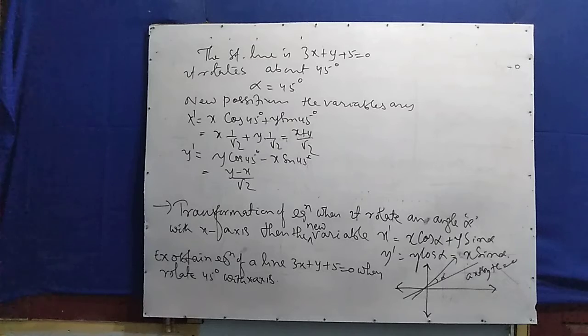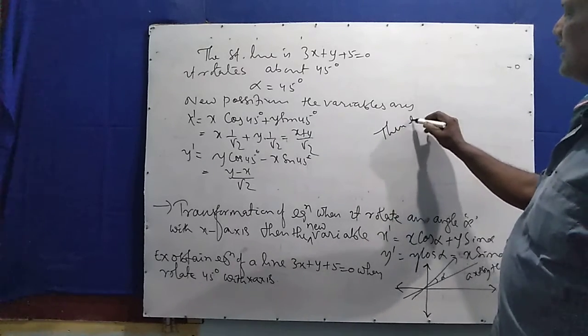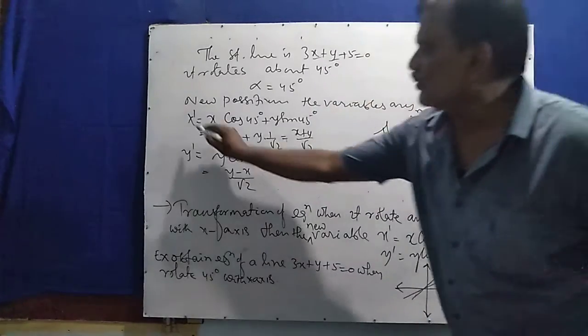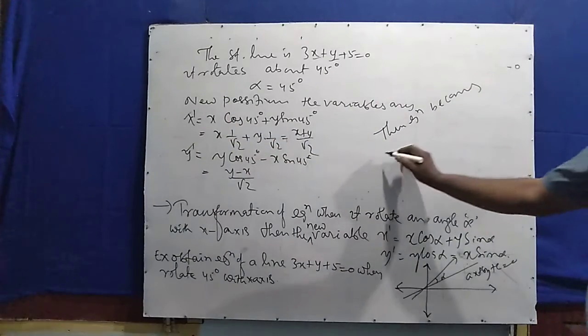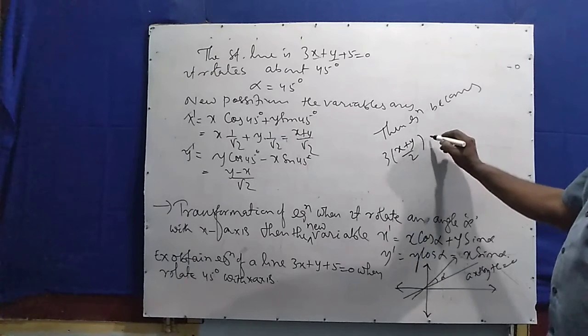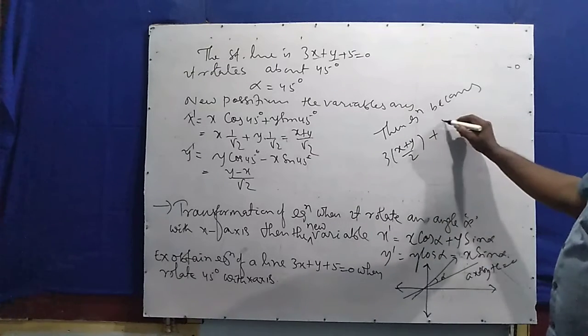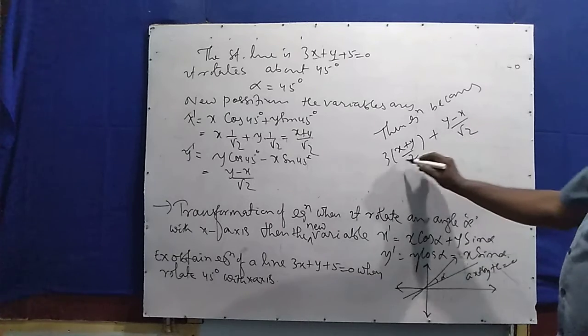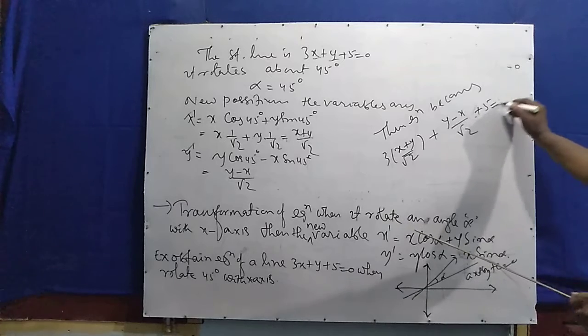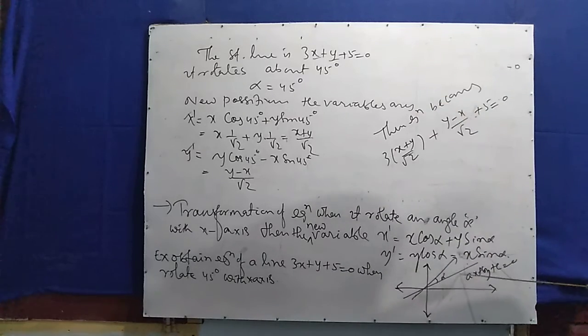So what is the equation then? The equation becomes, instead of x and y you put these two new values. So 3 into x plus y by root 2 plus, instead of y you put y minus x by root 2, plus 5 is equal to 0. This is the equation. Means this straight line rotates by 45 degree, then we have to find the equation in its new position.